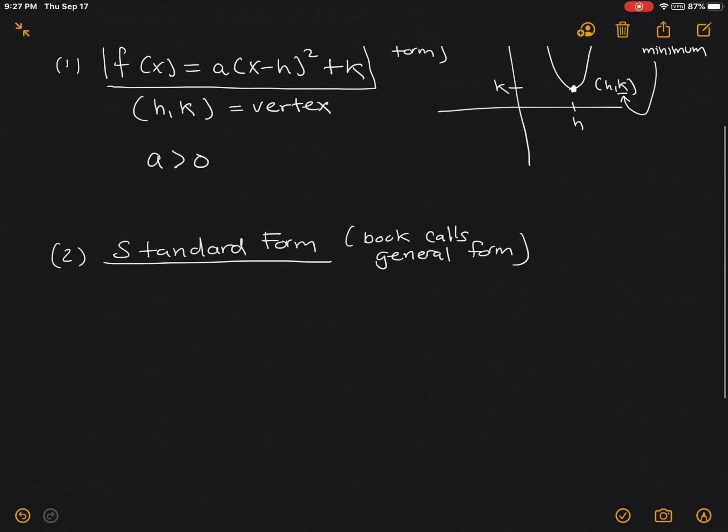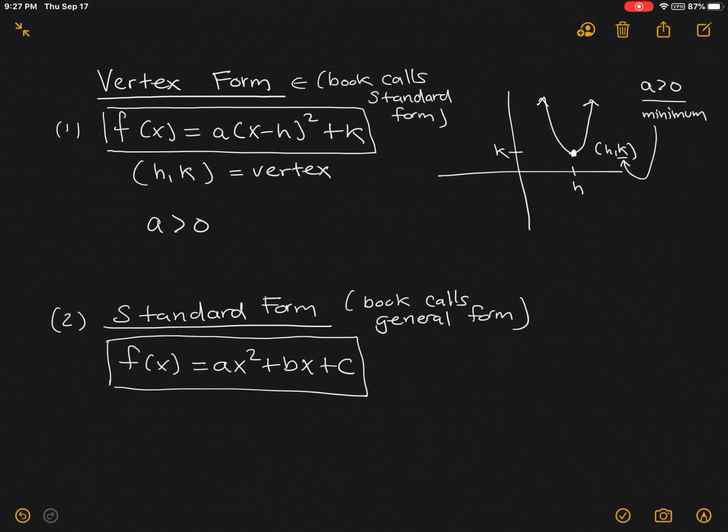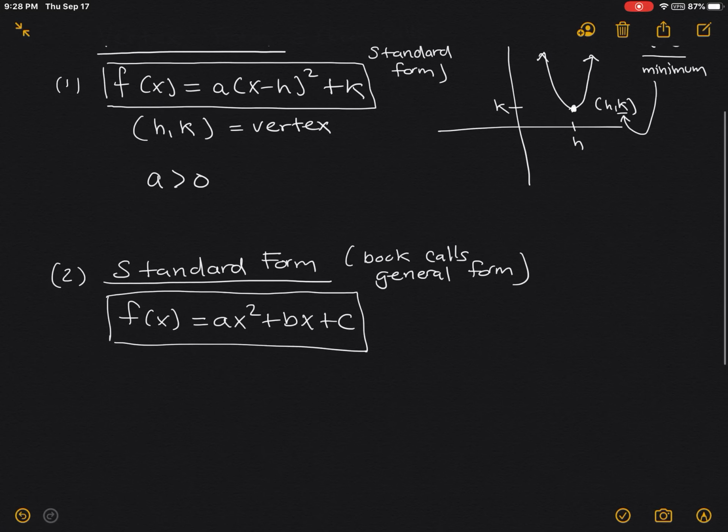All right, well, standard form is just given by this: ax squared plus bx plus c. Basically, you can go between forms. The way you go from vertex to standard is you FOIL it: square the x minus h, distribute the a, and that's how you go to standard. The way you go from standard to vertex, which I will do an example of later, is by completing the square.